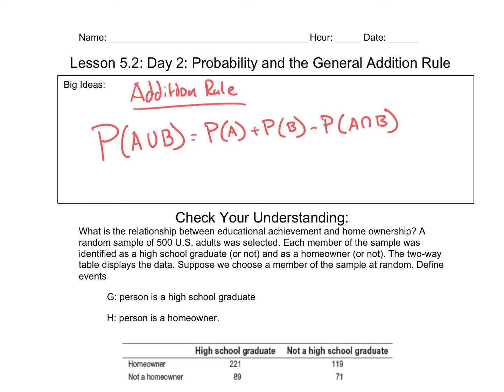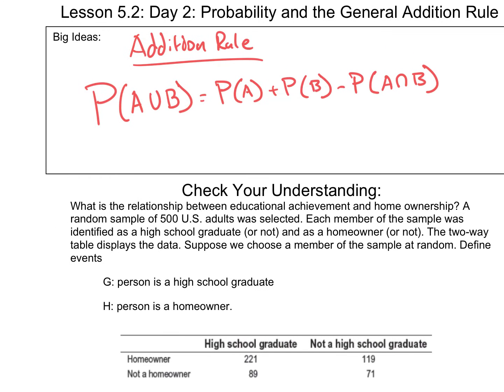All right, with our second addition rule example, we will again explore the addition rule, which is this. Now, sometimes we like to use this union symbol as our symbol for the word or.